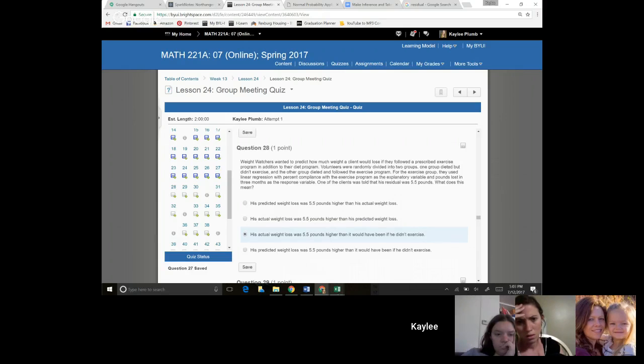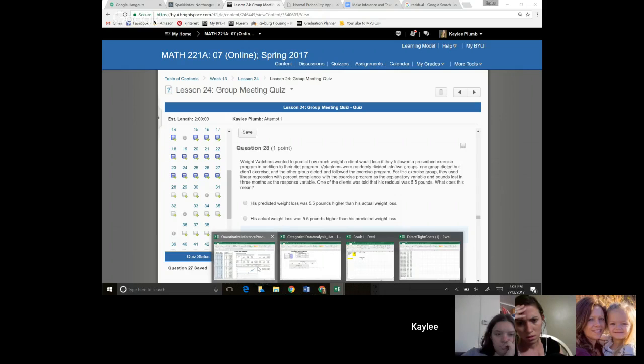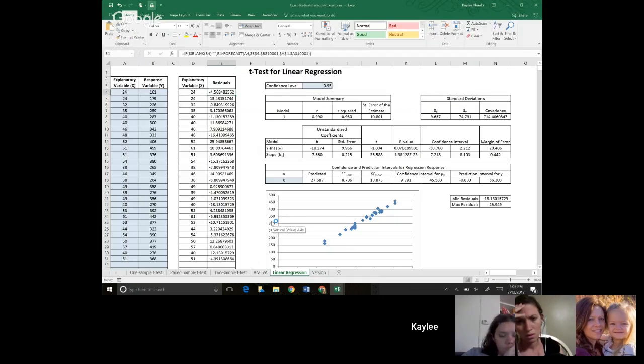Like for example, in the quantitative inference procedures Excel spreadsheet, there's nowhere in there where you're supposed to put what his predicted weight loss is, but you can still get the residual. Oh, yeah, I see what you're saying. So I don't think his predicted weight loss has anything to do with the question.